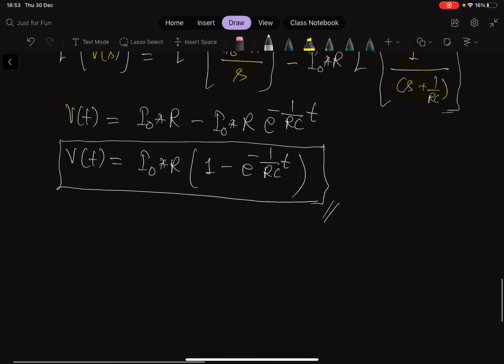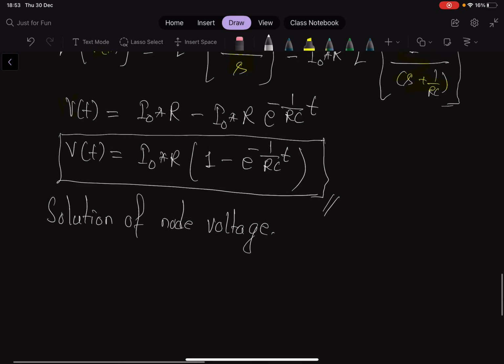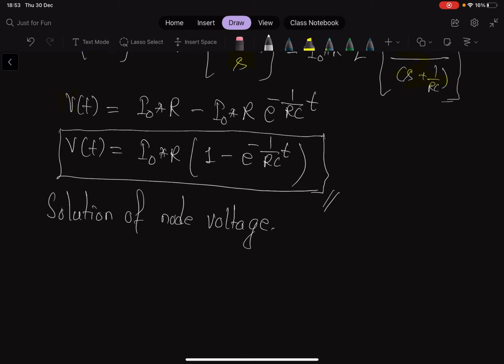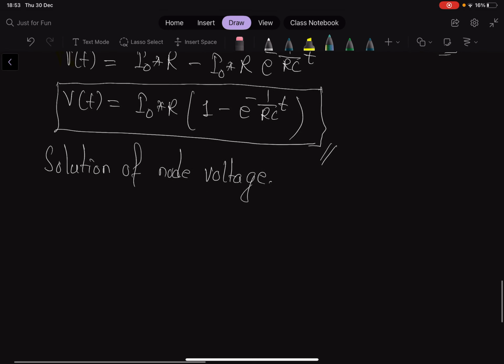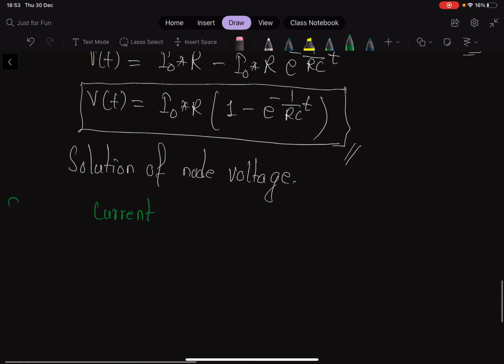So I will say solution of node voltage. However, what we want now is the current. We want the current equation. So remember, if I talk about the current, you can write transient current here.